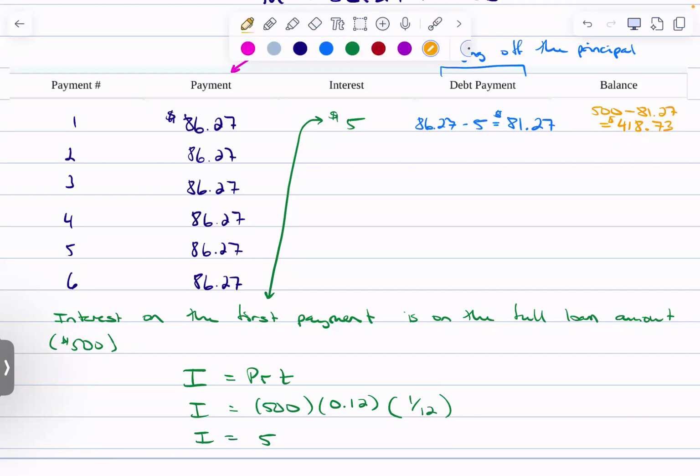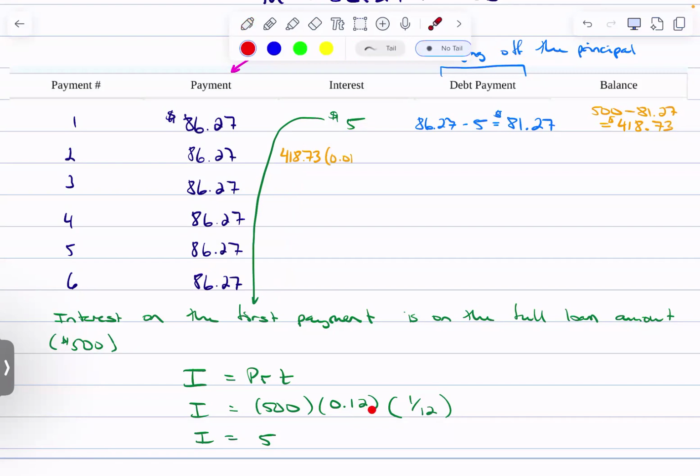And so here, I'll try to make it as color coded as I can. $418.73 times, can I just do 0.01? Because 0.12 divided by 12 is 0.01.